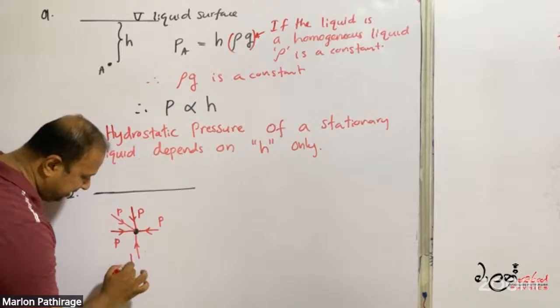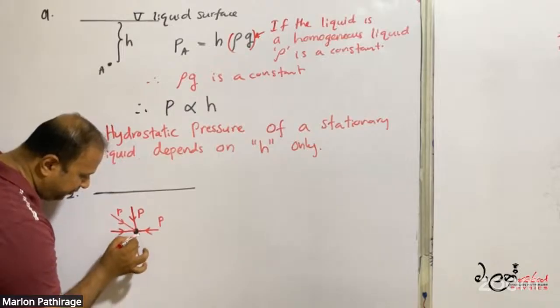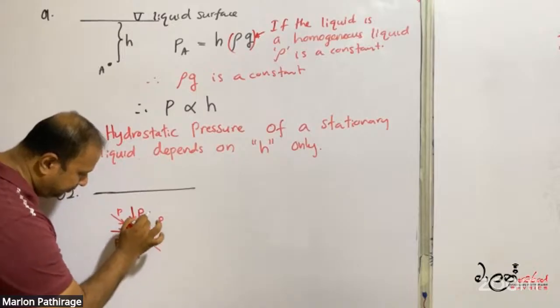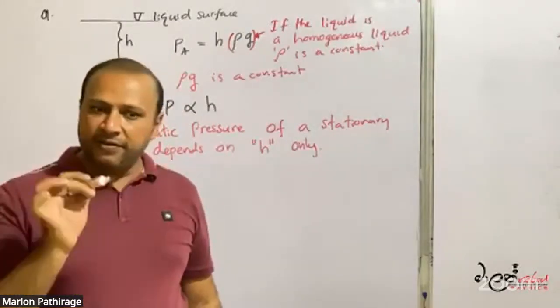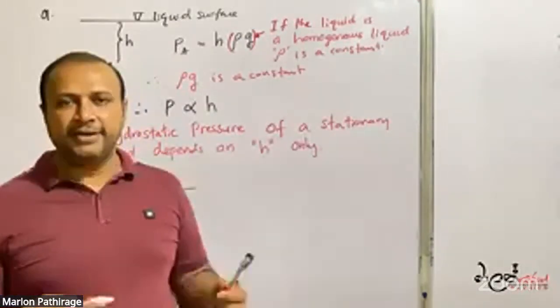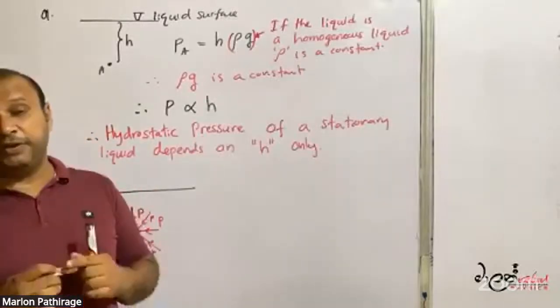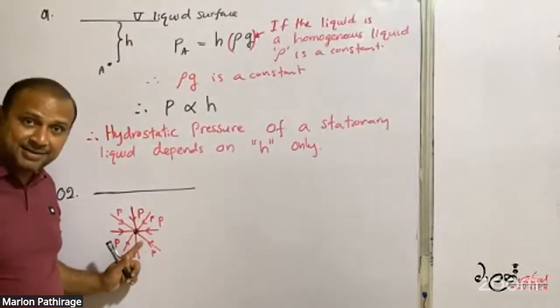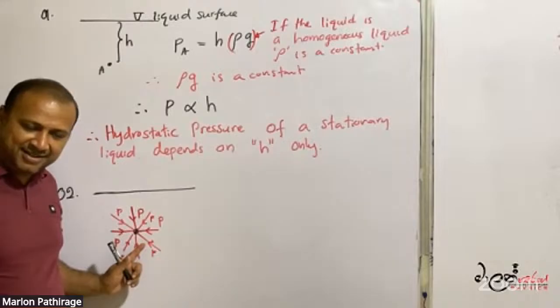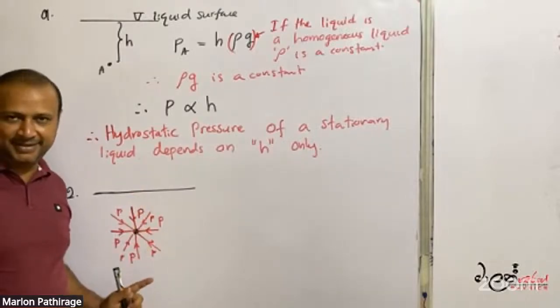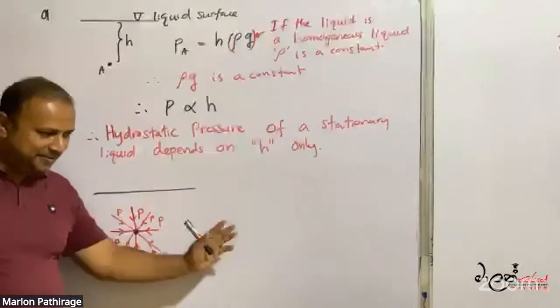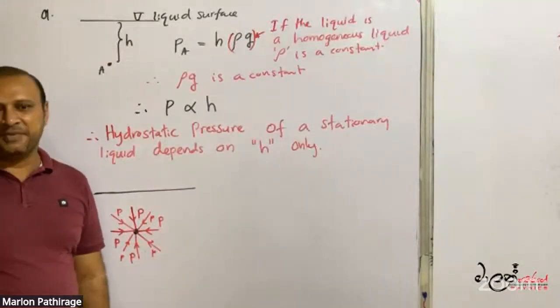From every direction it should be the same because this is a stationary fluid. This point is in a stationary condition, which means the forces should be in equilibrium condition.